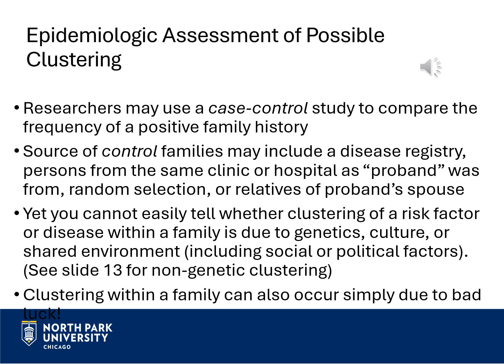This slide calls the cases probands. It also includes where we could get control families, such as relatives of the proband's spouse, because of course there's no blood connection, since it is not a blood relationship.